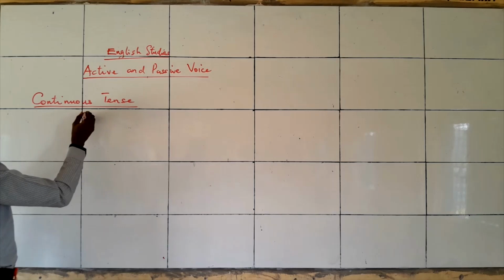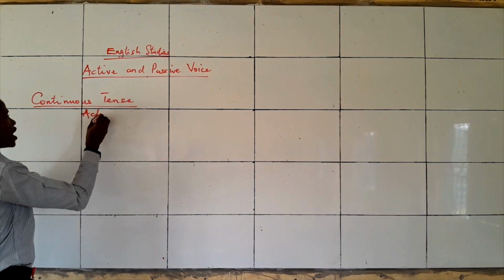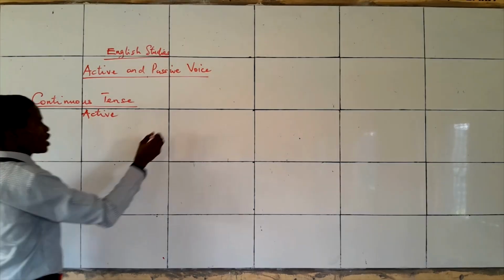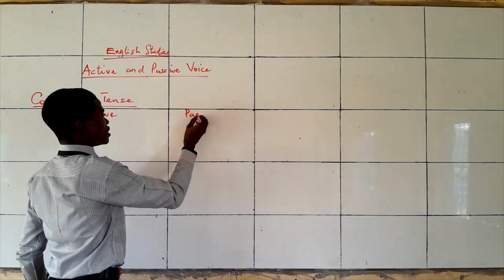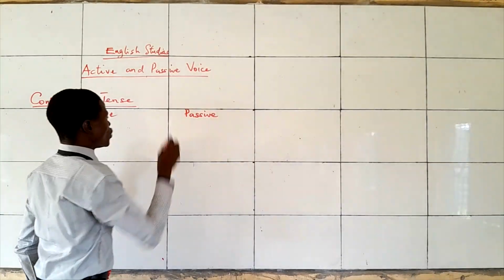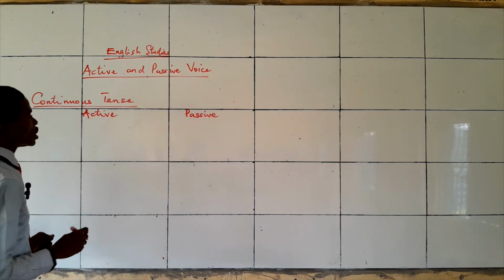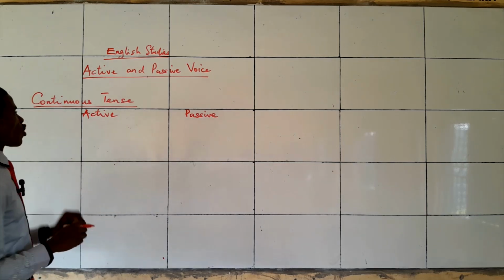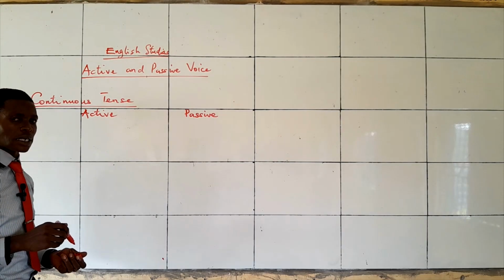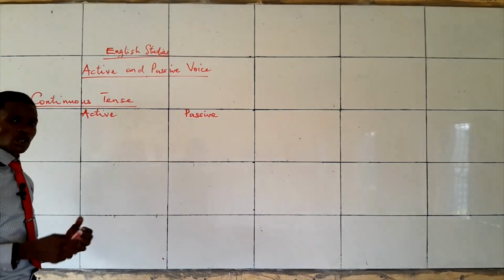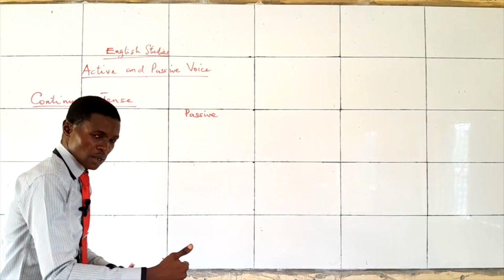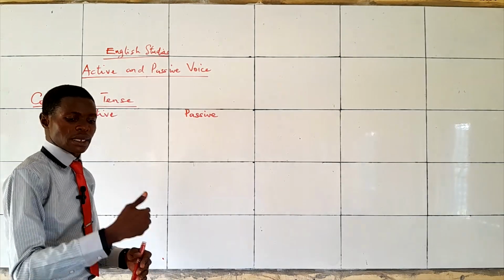That is what we are going to do today. We have the active form and we have the passive. How do we convert it? Do not forget, in our first episode, we said we identify continuous tense as showing what we are doing at the moment. We are not done with it, we are still in the process.